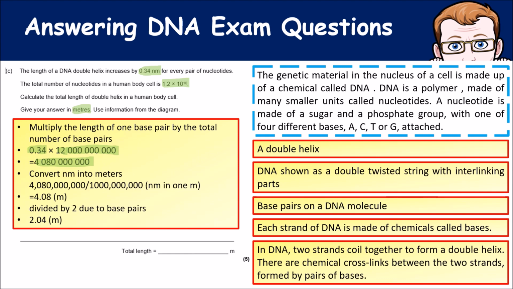We then need to convert those nanometers into meters, which we do by dividing by a 1 with 9 zeros, which gives us 4.08 meters. Due to the fact that we've got 2 base pairs being added each time, we need to divide that number by 2 to give us a final answer of 2.04 meters.